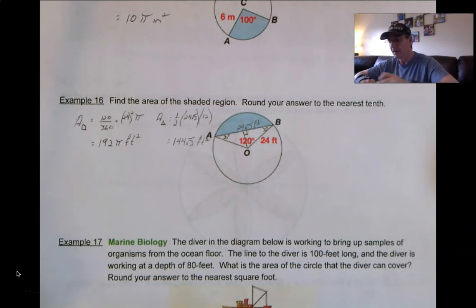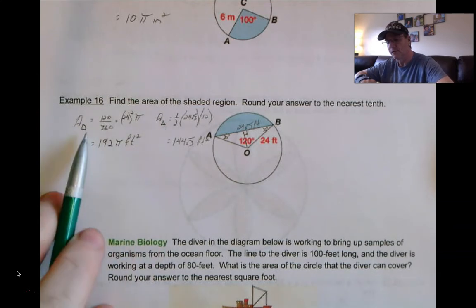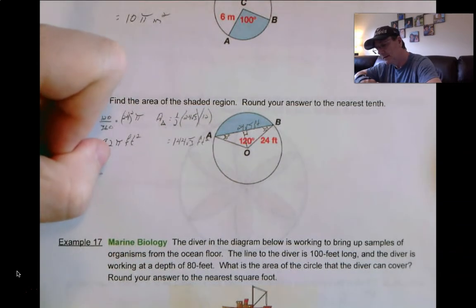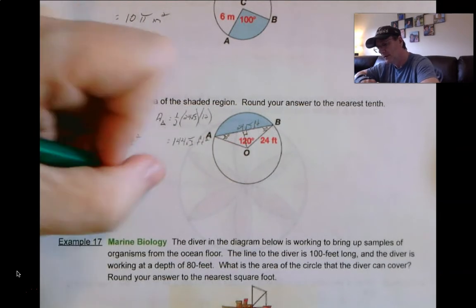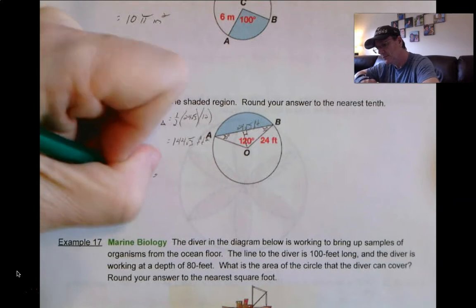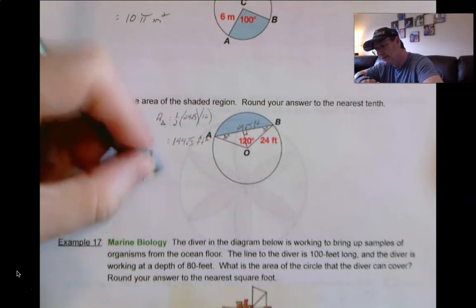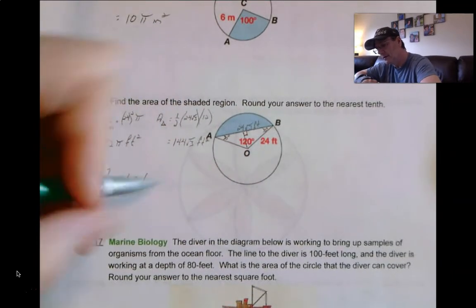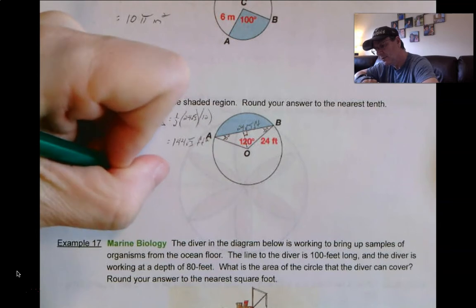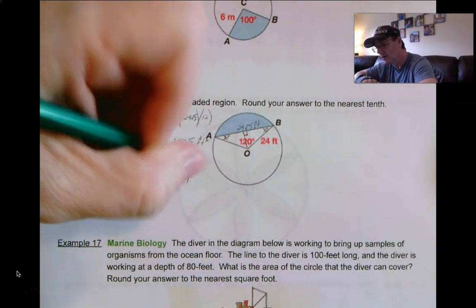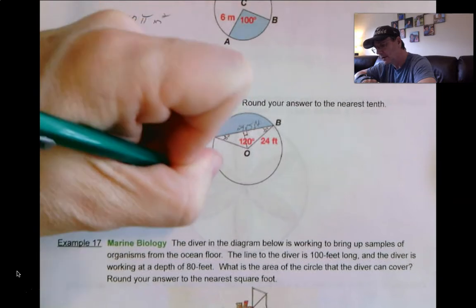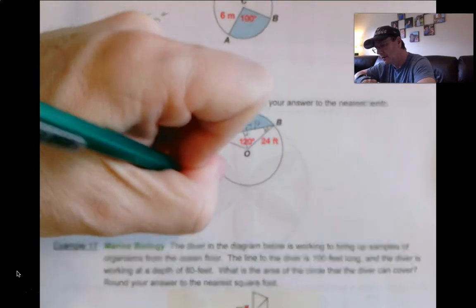We subtract the triangle from the sector, so the area of the shaded segment of the circle is 192 pi minus 144 square root 3 square feet.